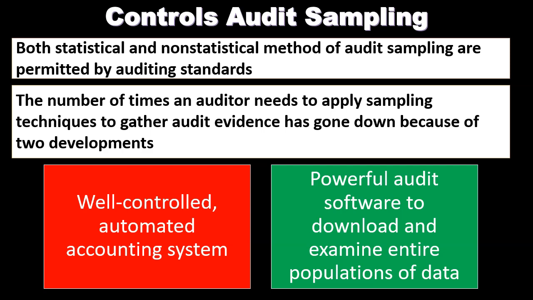We also have powerful software that can be used on the audit side, which can download entire sets of information. So we're able to input entire sets of information, as opposed to manually going through that information, and set in the computer system that we are looking for certain criteria which are fixed.